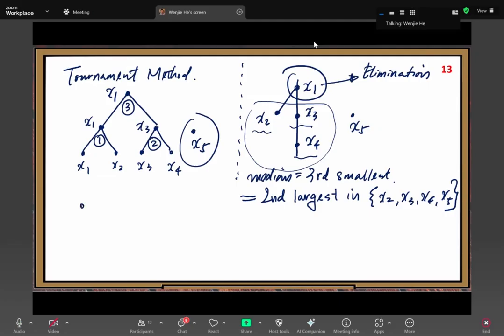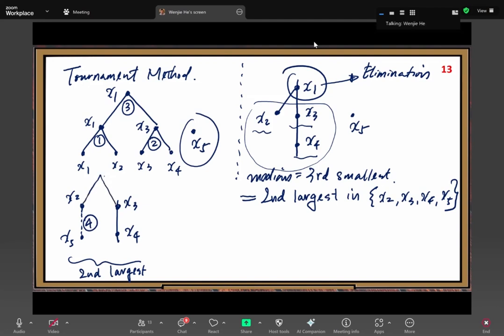So we have X2, we have X5, and we have X3, we have X4. Our goal is to find the second largest in these 4 elements. That's the median. Comparison number 4, and we can assume X2 larger than X5. Comparison number 5.